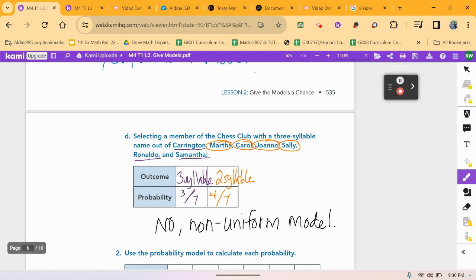There are 4 of them. So I know 4 plus 3 gave me a total of 7. For my 3-syllable names, there's a 3 out of 7 chance that I pick one of them. And for my 2-syllable names, there's a 4 out of 7 chance. Are these probabilities the same? Are they equally likely? No. So we call this a non-uniform model.